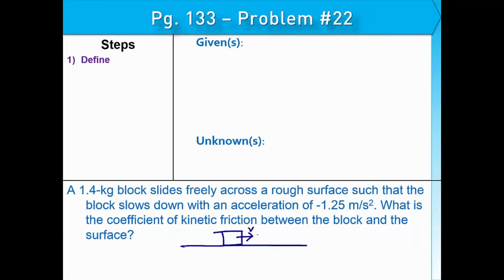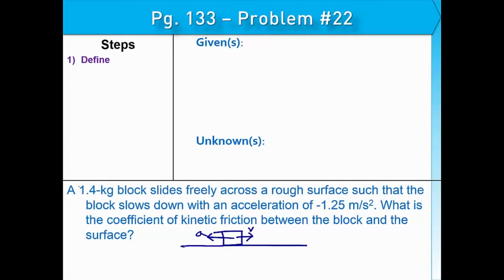I'm going to label this V to show its velocity, but it's slowing down. So there's an acceleration in the opposite direction, of negative 1.25. Because the velocity is pointing to the right and the acceleration is pointing to the left, the velocity will decrease and eventually the block will reach a complete stop.